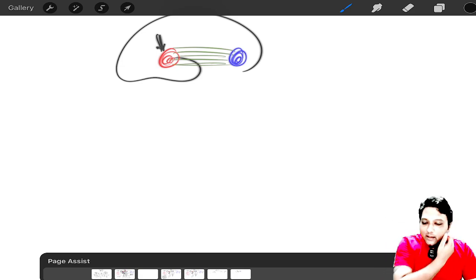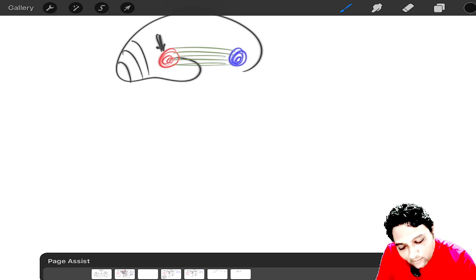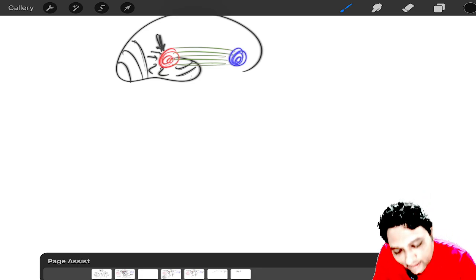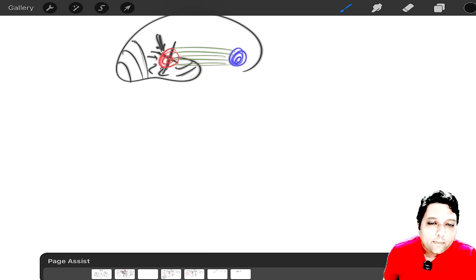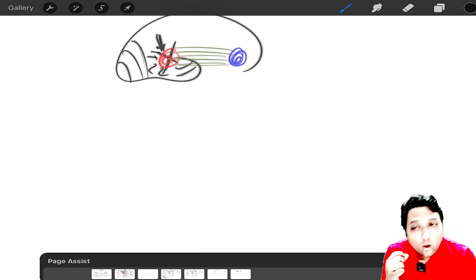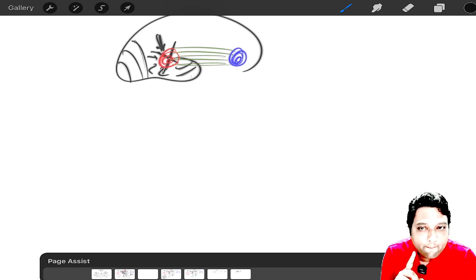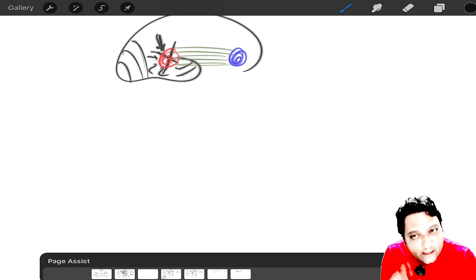Wernicke's area, all the information of the visual cortex and auditory cortex is received by this Wernicke's area. If there is a lesion in Wernicke's area, the patient is unable to comprehend or interpret visual and auditory information. Wernicke's area is the area of comprehension and interpretation.